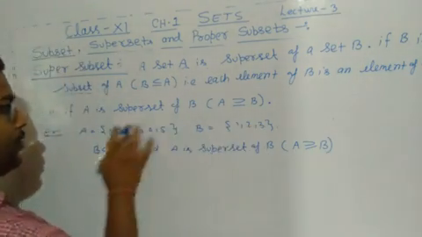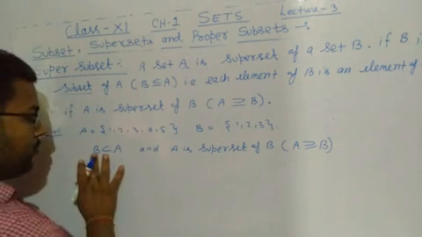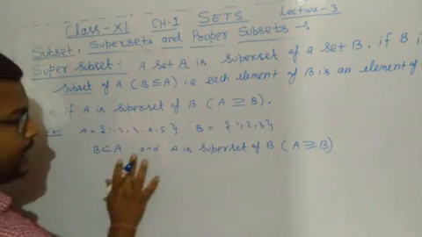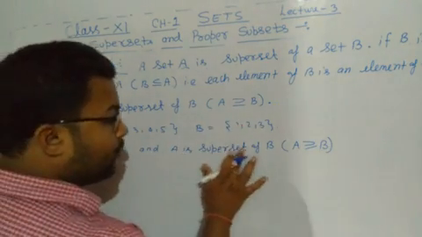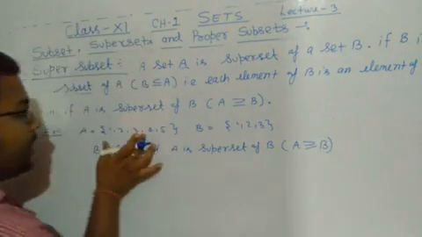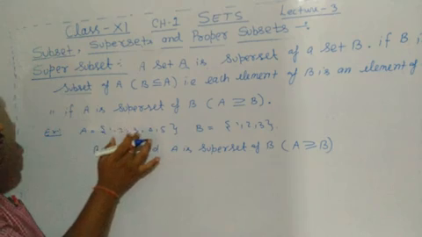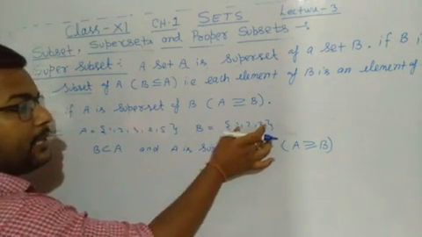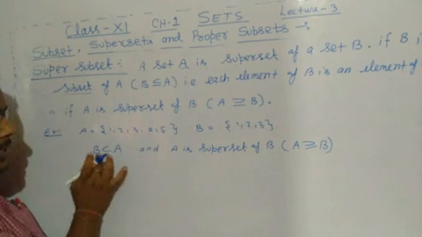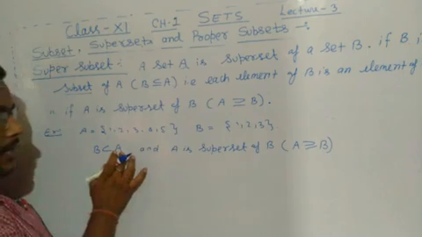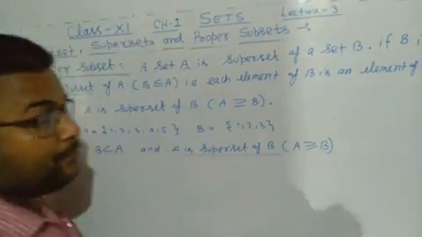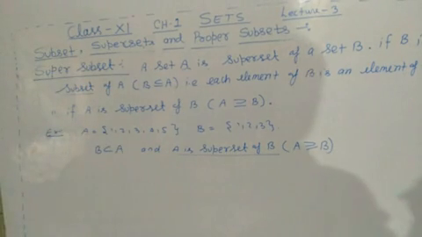So 1, 2, 3 also belongs to A, so B is a subset of A and A is a superset of B. The elements of A are 1, 2, 3, 4, 5, B is equal to 1, 2, 3, so each element of B belongs to A, so it is called B subset of A, but A is a superset of B.